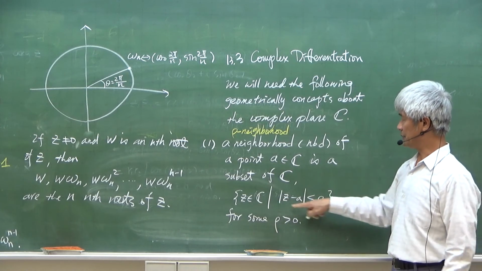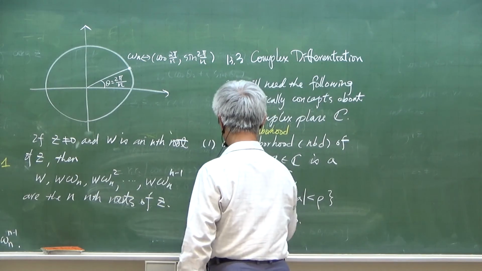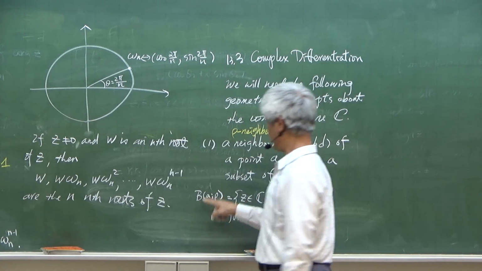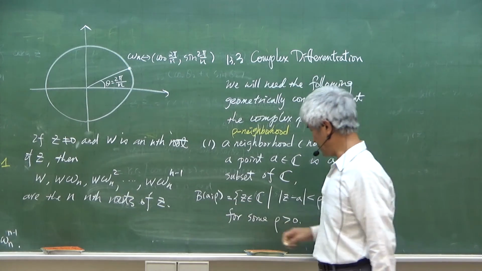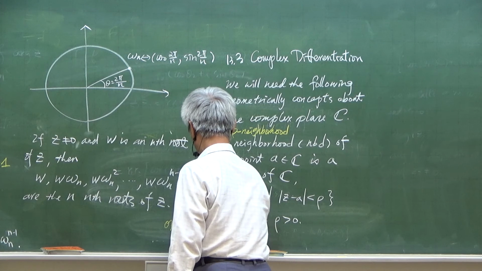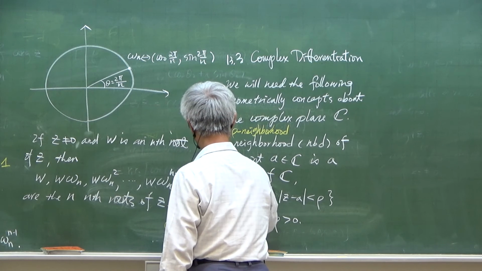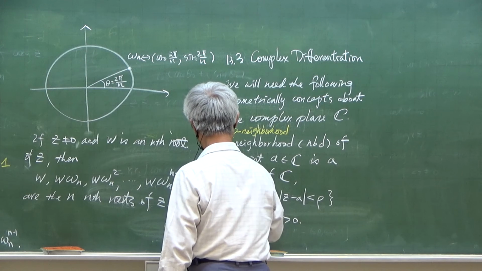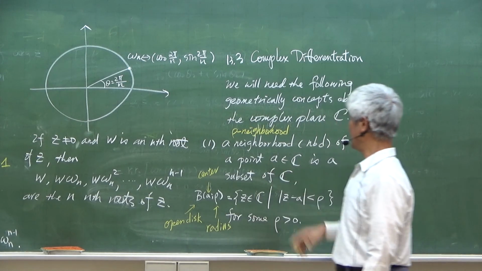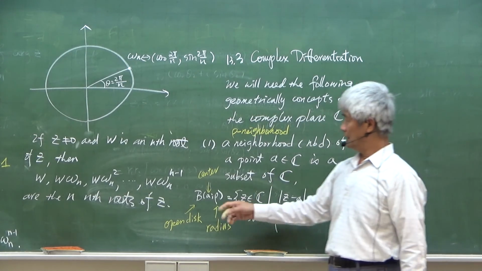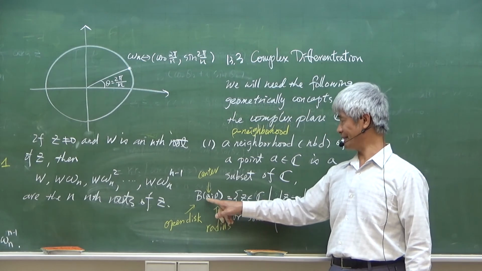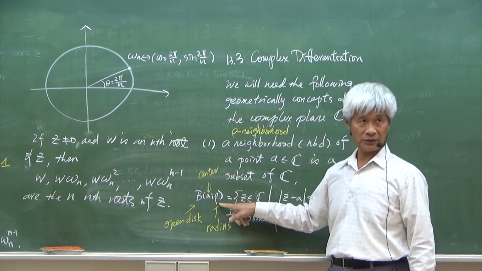Specifically, it is called an open ball or open disk, with center A and radius rho. There are many ways to describe a neighborhood.